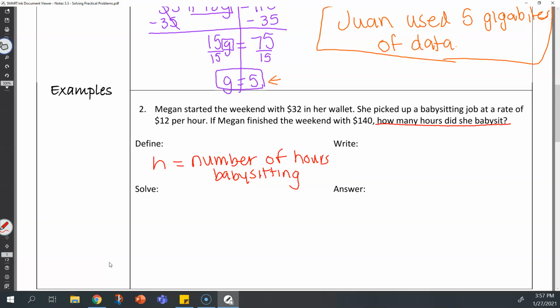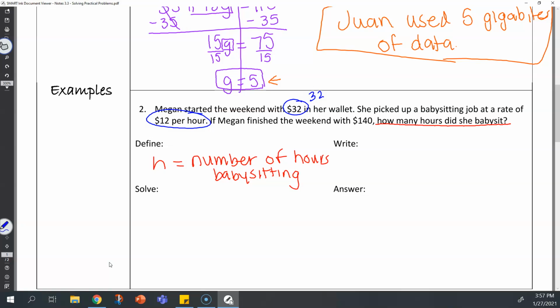Okay. Once I have my variable defined, now I can start writing my equation. So I'm going to look for relevant information in the question. Megan started the weekend with $32. So she's already got $32. She picked up a babysitting job at a rate of $12 per hour.